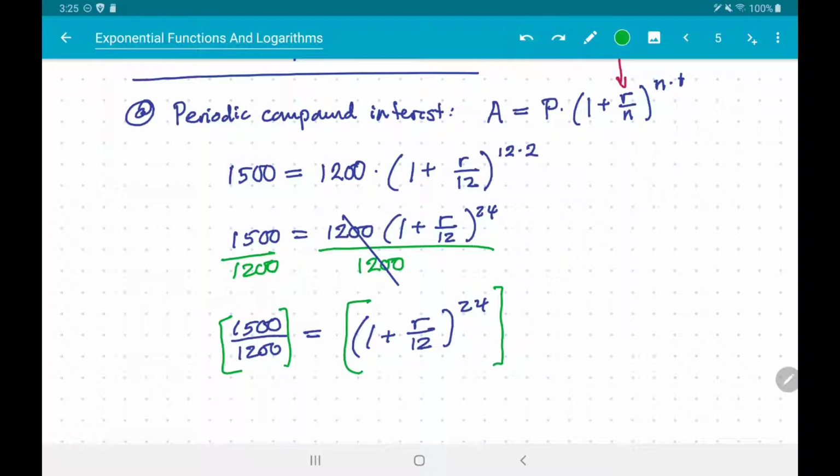So we can use a different power to undo it. What power should I put here? 1/24. This is equivalent to doing a 24th root, if you want to think of it that way. So we are going to apply power 1/24 to both sides.